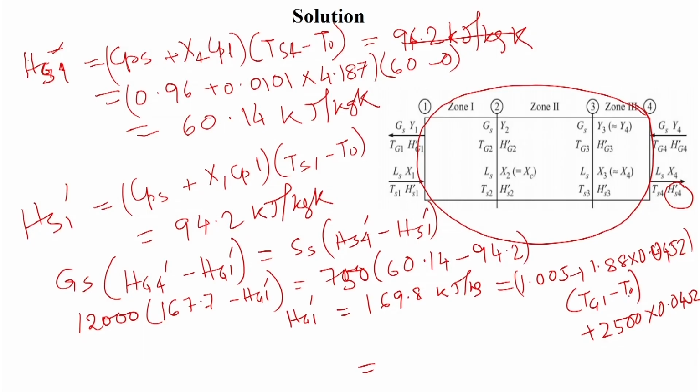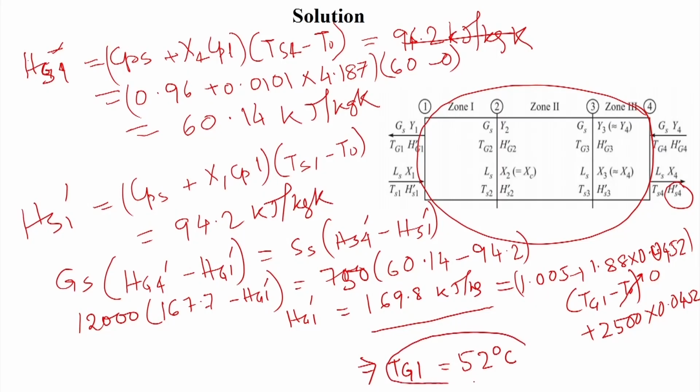Here you see T0 is equal to 0 degree Celsius, so we will be putting 0. Now from this equation, 169.8 is equal to 1.005 plus 1.88 into 0.0452 into Tg1 plus 2500 into 0.0452. From there we will be getting Tg1 as 52 degree Celsius.